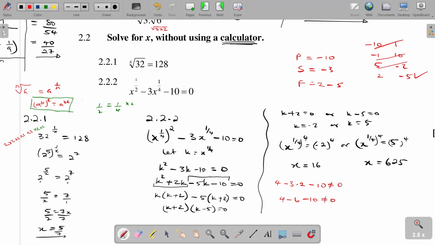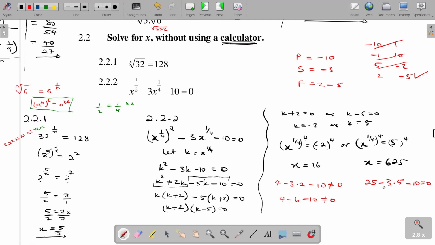Let's check with 625. The square root of 625 is 25, minus 3 multiplied by the fourth root of 625, which is 5, minus 10 is equal to 0.